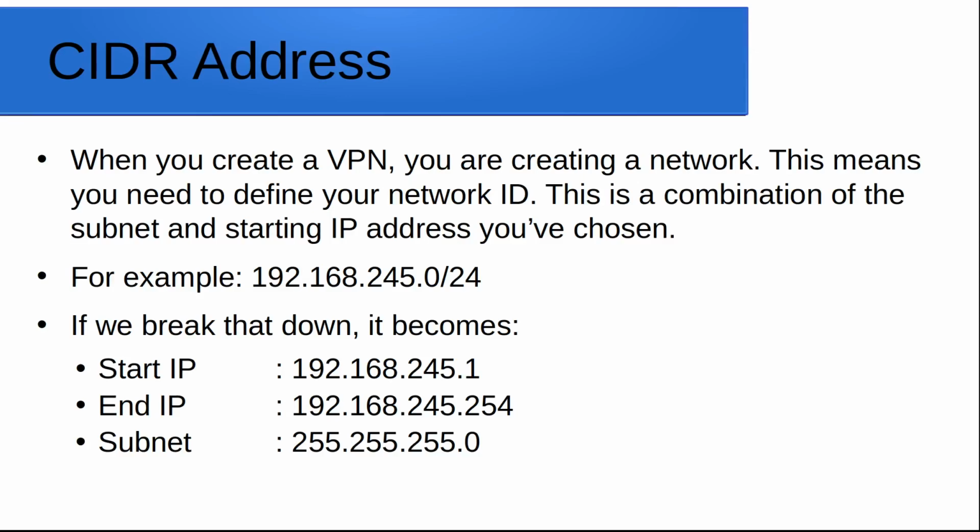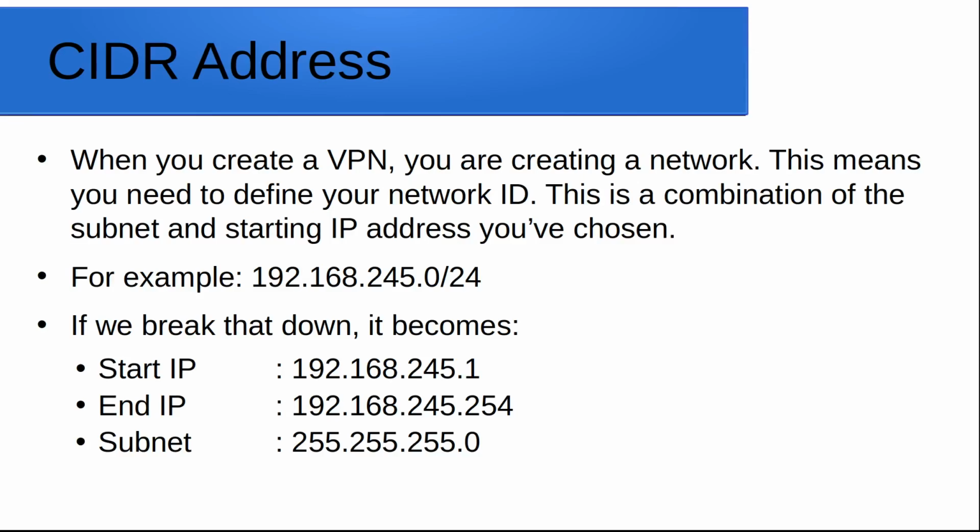So there's 2 IPs in there that we can't use. Our network ID, which is this one right here, right? And our broadcast, which is 255 in the last octet in this particular case. So that means we have this range of IPs available to us, right? Based on the subnet mask. 192.168.245.1 through 192.168.245.254.